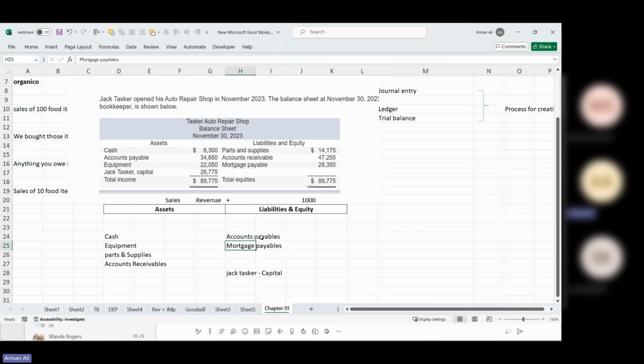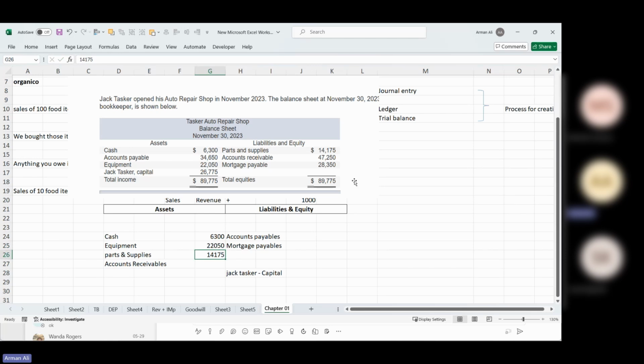So that is coming on the right side under liabilities and equity because that is what it is. So let's see if we put the amounts. 6,300. Equipment is 22,050.